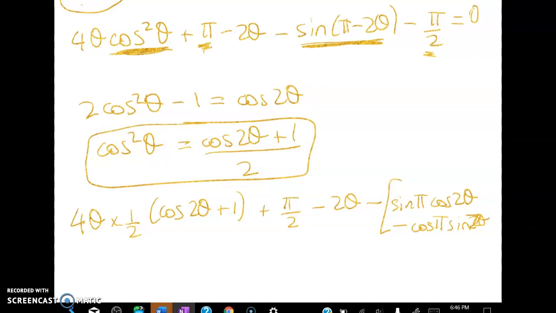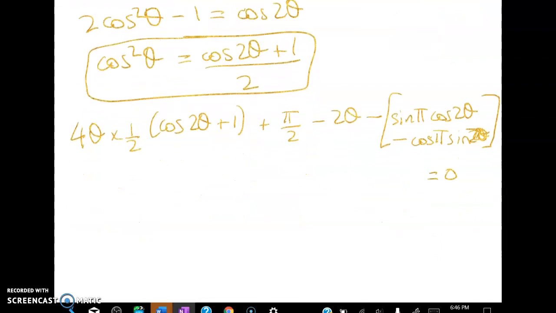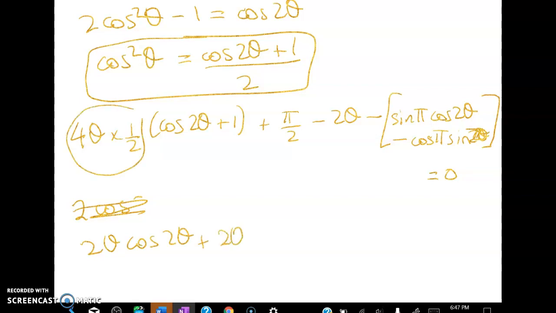I know some of you will have faster ways to do that, but equals 0. We're just about there. So we have 2 theta cos 2 theta plus 2 theta plus pi on 2 minus 2 theta.